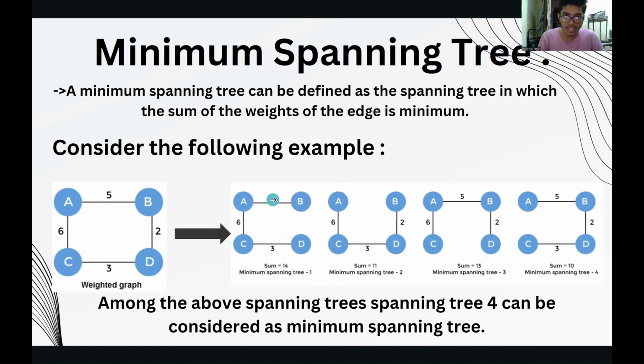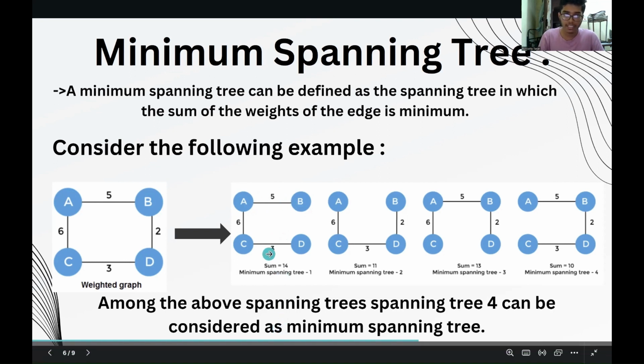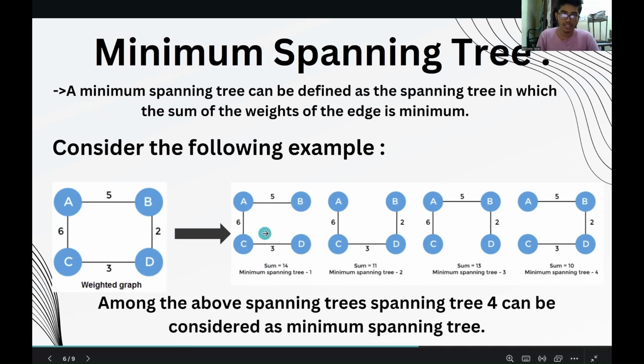Here we can see the cost of this spanning tree is 8 plus 6, which is 14. The cost of this spanning tree is 11. The cost of this spanning tree is 13. And the cost of this spanning tree is 10. Among these 4 spanning trees, the cost of this spanning tree is lowest.